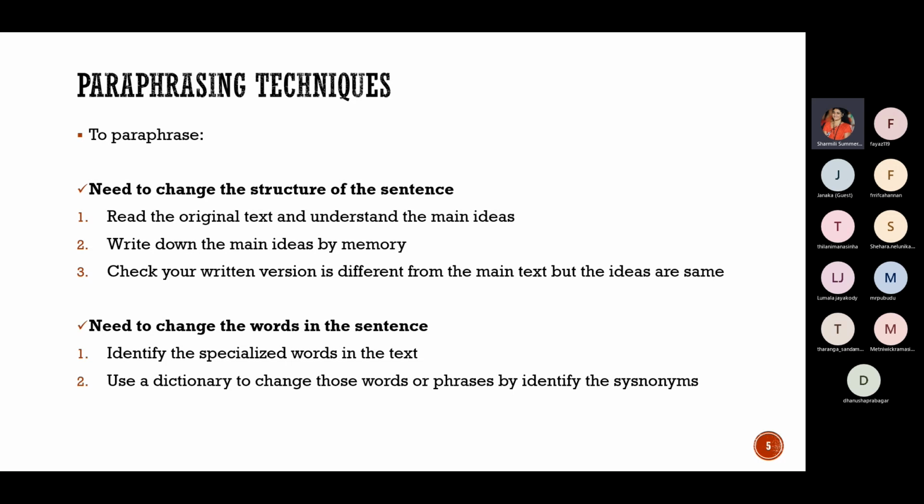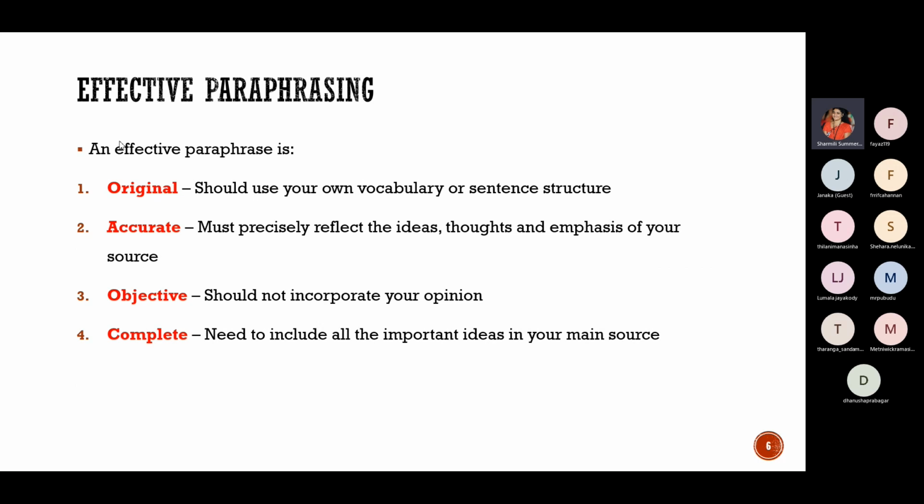So these are paraphrasing techniques. You can use one or two methods when you are writing the report. If you need your paraphrasing to be effective, then it should be very original and accurate in manner and objective, and it should be complete. Then only your paraphrasing could be very effective.